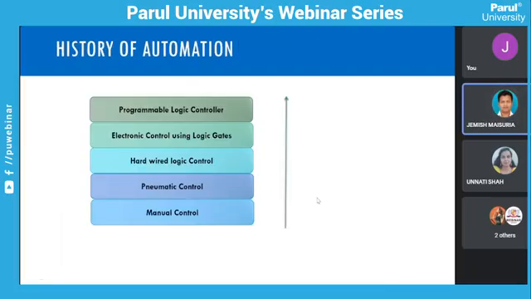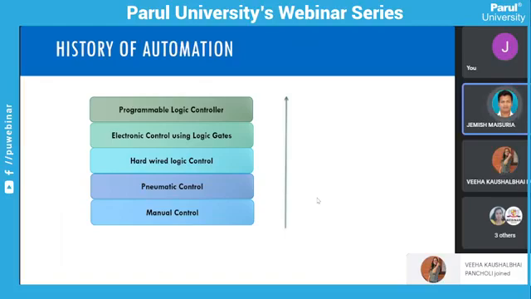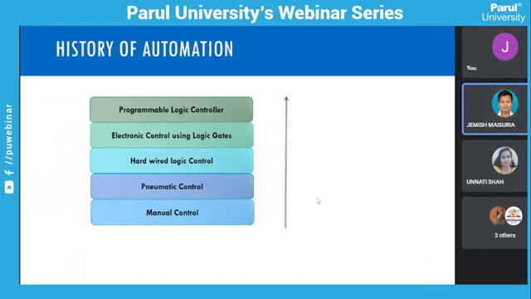Okay, now we'll switch to automation, because we are discussing automation, how automation is done. Then we'll go for the fourth revolution. So automation is nothing but embedding a controller with our machine, and that controller will take an input from the sensor, and then after it will provide the actions to the particular actuators.